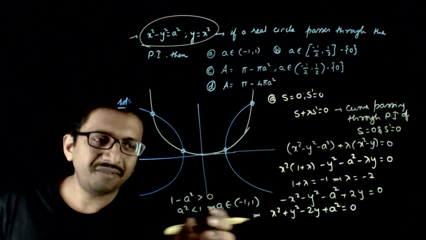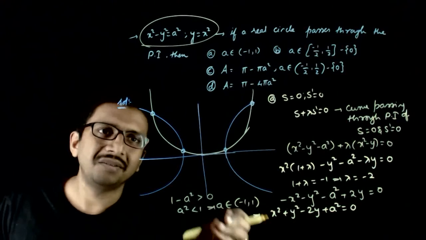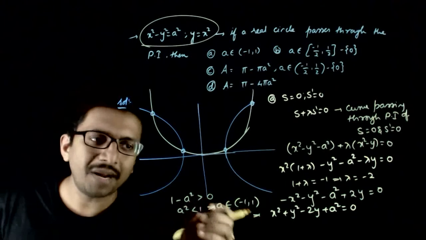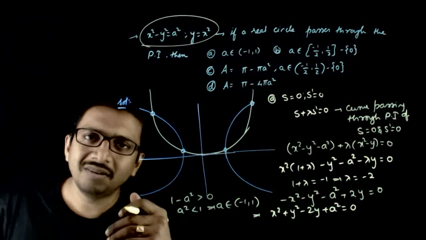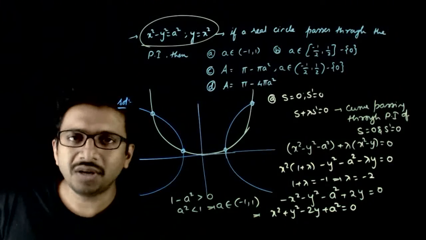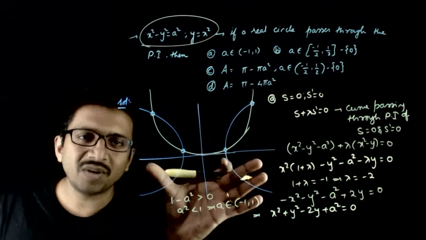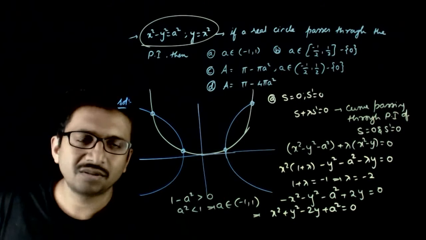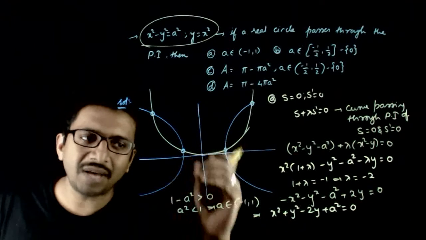So if a belongs to −1 to +1, you have a circle passing through the points of intersection. But apart from this, there should be one more condition which ensures some point of intersection between these two curves. If a is very large, these two curves need not have a point of intersection. So first there should be a point of intersection, then you have a circle.